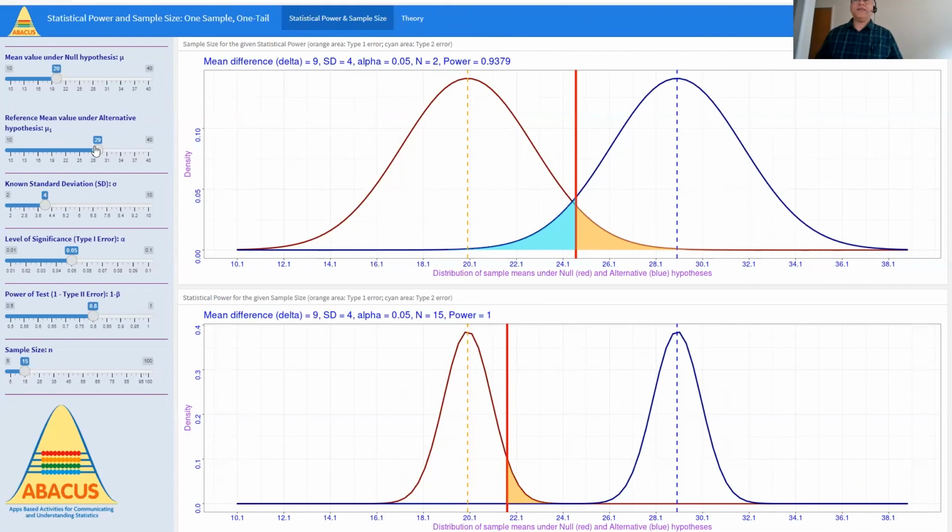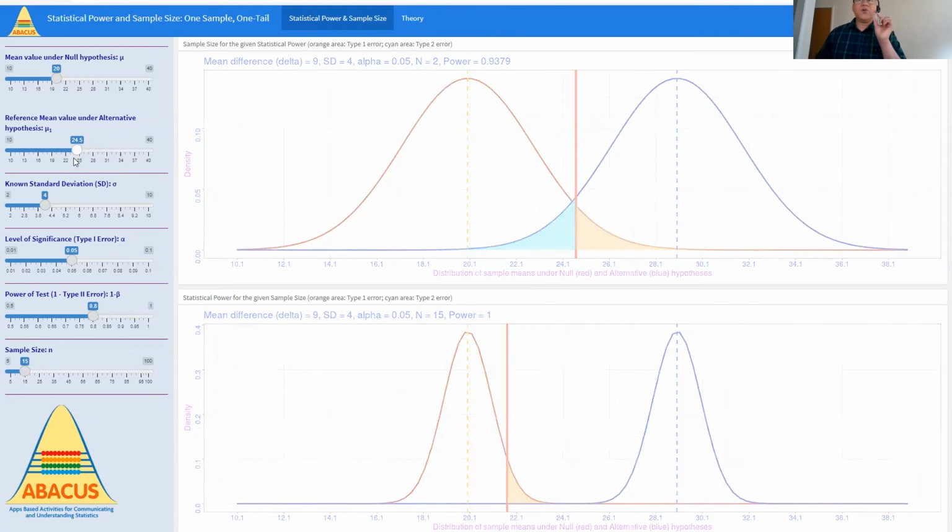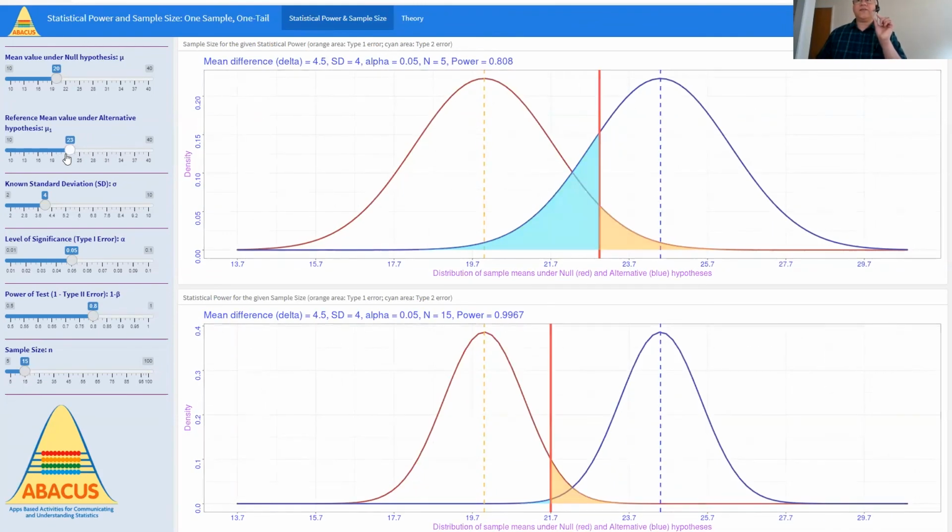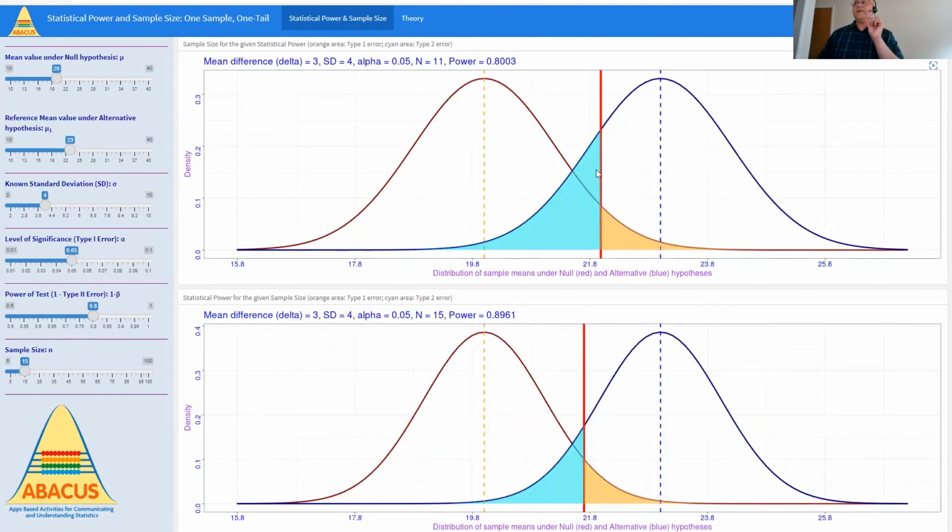But if you're trying to find a very small difference, then we really need more and more samples to get there. Intuitively it makes sense: the smaller the difference you want to capture, the bigger the sample you need.